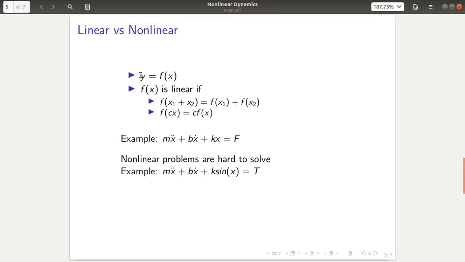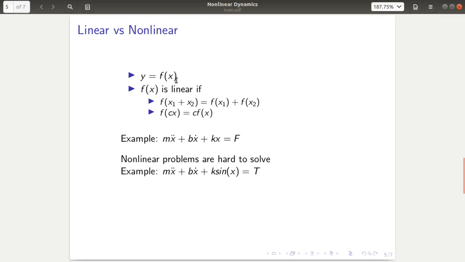Okay, what is a linear system? Let's say there is a function y is equal to f of x, and this function f of x is linear provided it satisfies these two conditions. So what are these conditions? Let's say x1 is one value of x and x2 is another value of x.